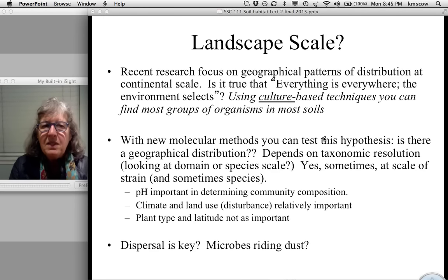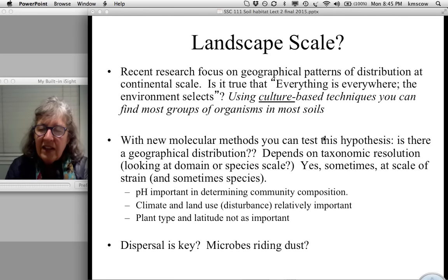Okay, landscape scale. So there's lots of interest in what we call biogeography of microorganisms. Is it true everything is everywhere and the environment selects? Particularly, this has been really energized by the availability of new tools to be able to look at microbes in nature.